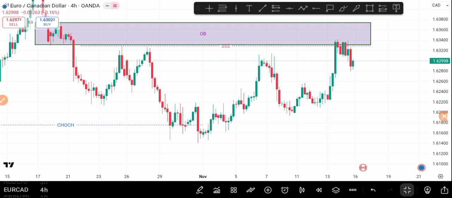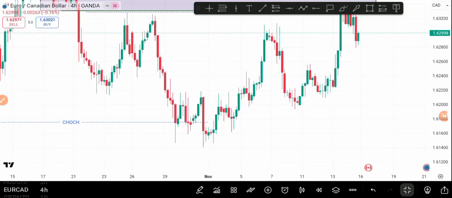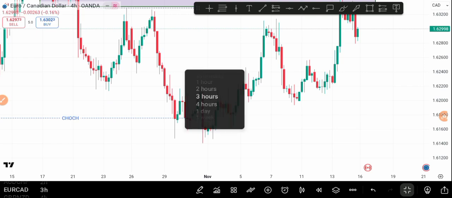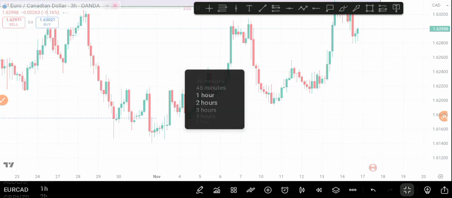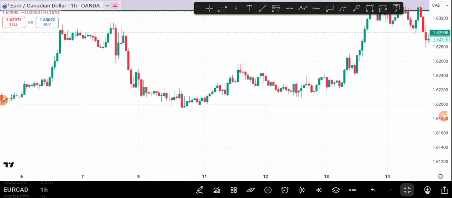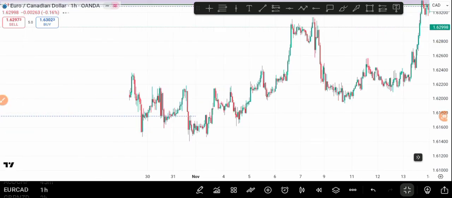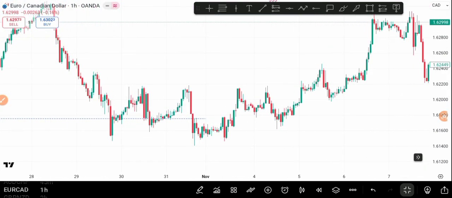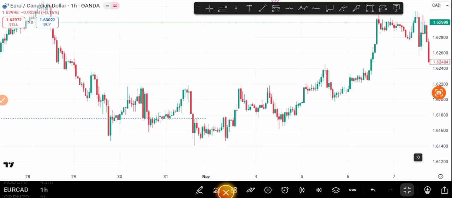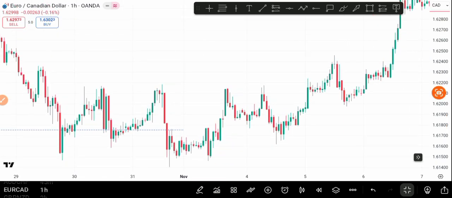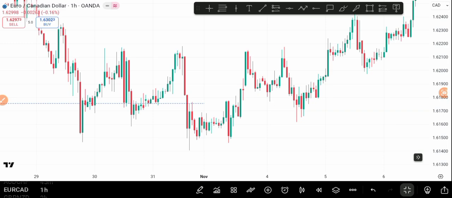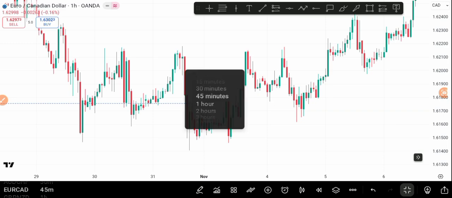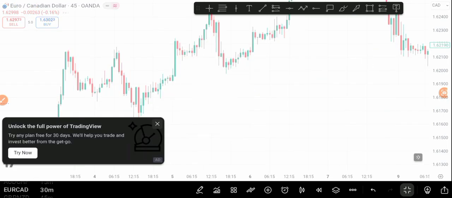It pulled back to take liquidity and tap into an order block. Now I want us to map those structures. I want us to go to the 1 hour to see these things clearly. Now let's go to the 1 hour. On the 1 hour time frame, I want to show you something, or let me use the 15 minutes time frame or the 30 minutes time frame for clarity.